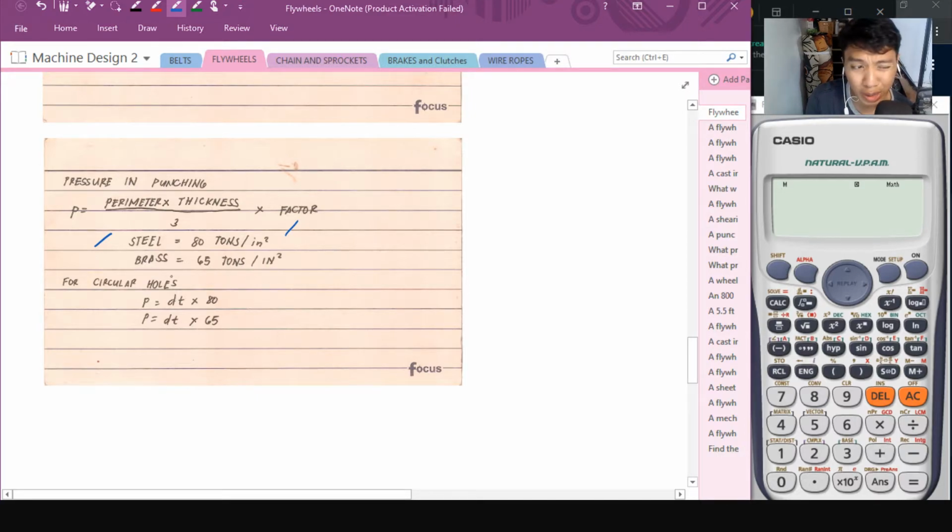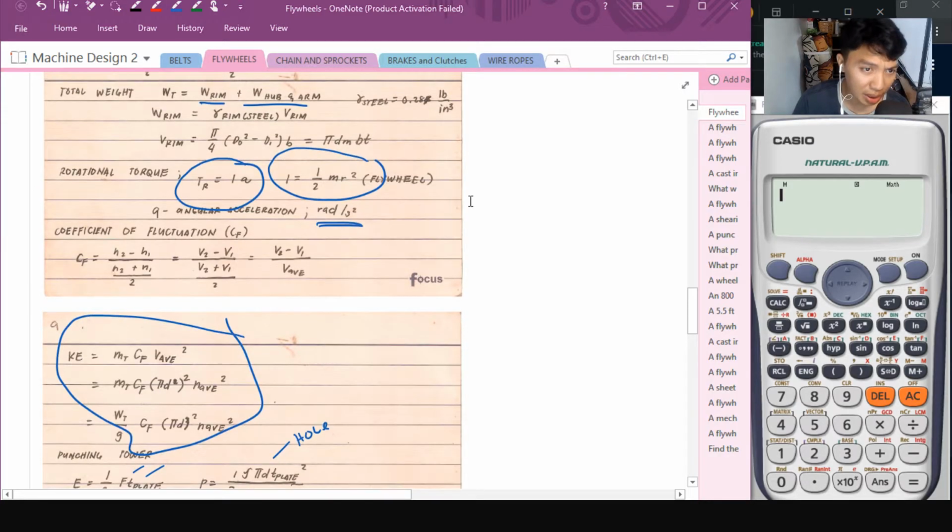So, pressure is in PSI. So, for circular holes naman, P is equal to DT times 80 kapag steel. Kapag naman ito, brass. Okay? Yun lang po yung summary nun.